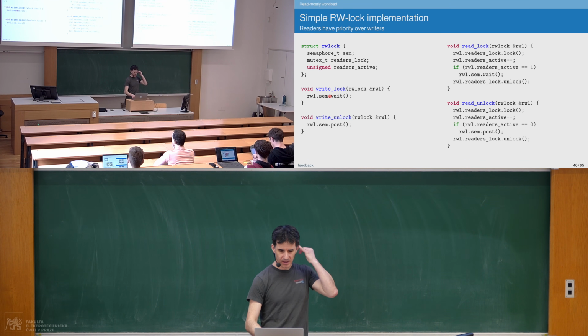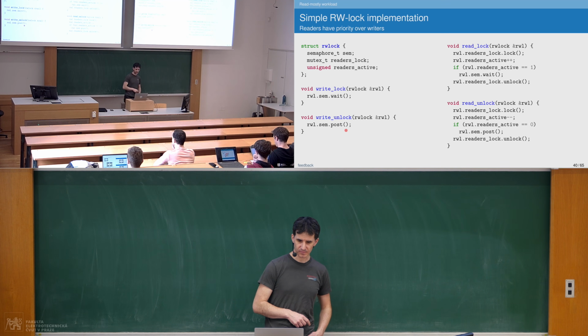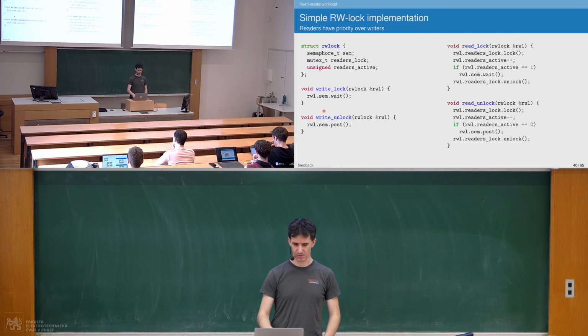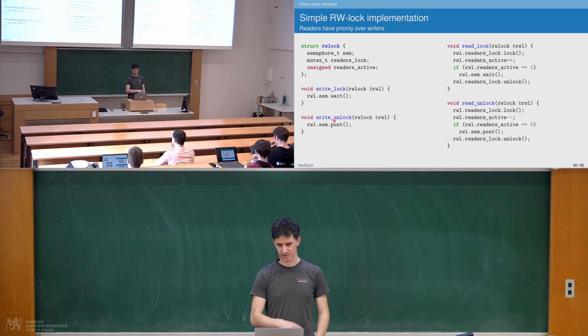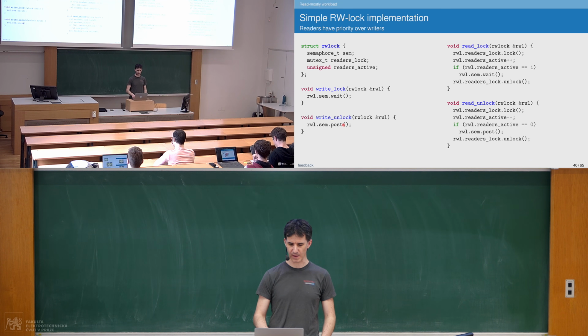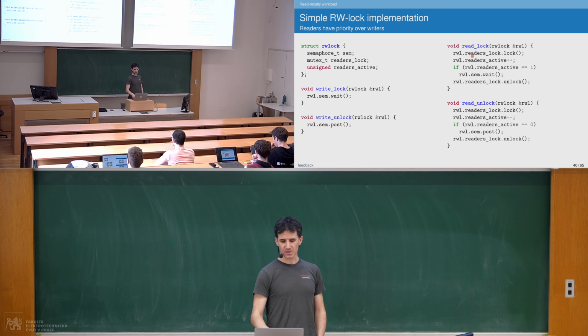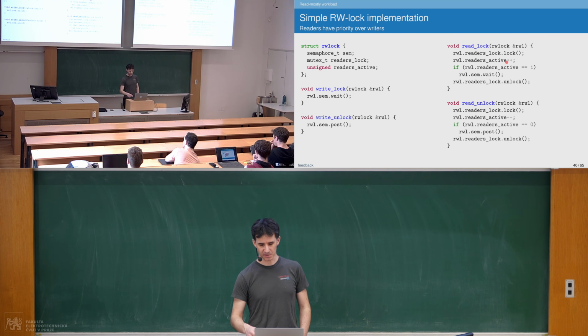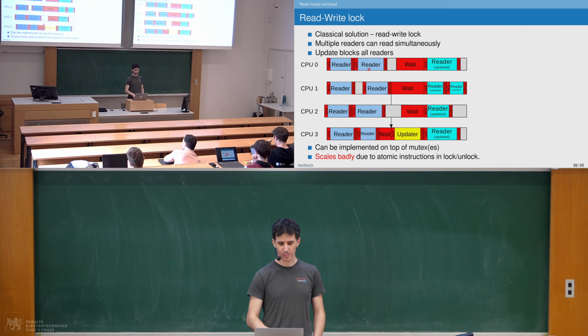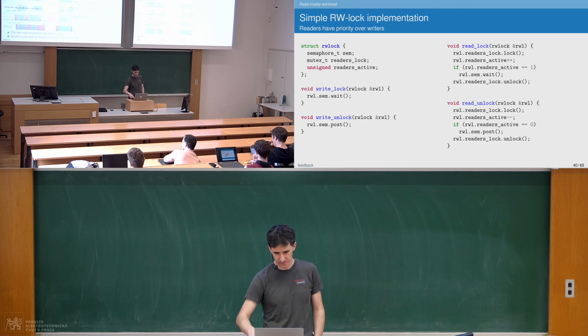The writer is very simple. If you want to write, you just wait for the semaphore. Once you get the semaphore, you can write to the data and then return the semaphore. Readers are more difficult. The reader locks the mutex and increments the number of active readers, because the point is to count how many active readers there are at any point in time. Hence, there must be this atomic operation.